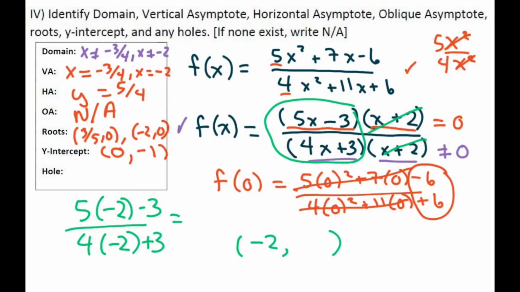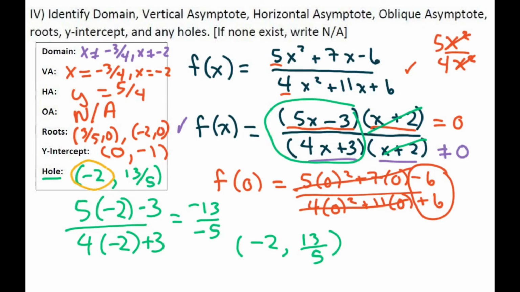So the numerator is going to be negative 10 minus 3 is negative 13, and negative 8 plus 3 is negative 5. So that's going to be 13/5. And I hope I did that right. So negative 2, 13/5.